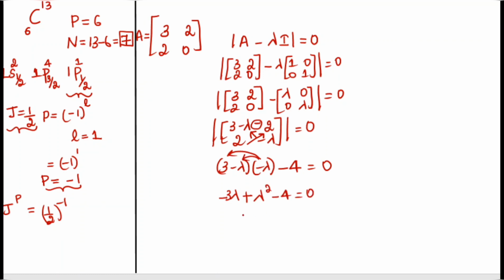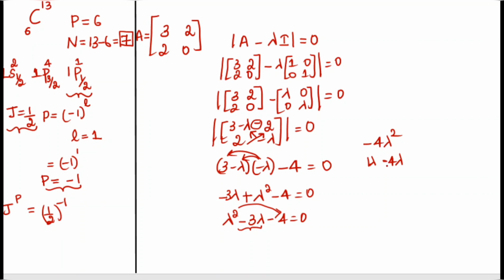On rearranging the terms, we get lambda square minus 3 lambda minus 4, equal to 0. We got the quadratic equation. Solve the quadratic equation. So we have minus 4 lambda square. 1 4s are 4. In the middle term we have minus 3 lambda. So I can say here 1 lambda, 4 lambda.